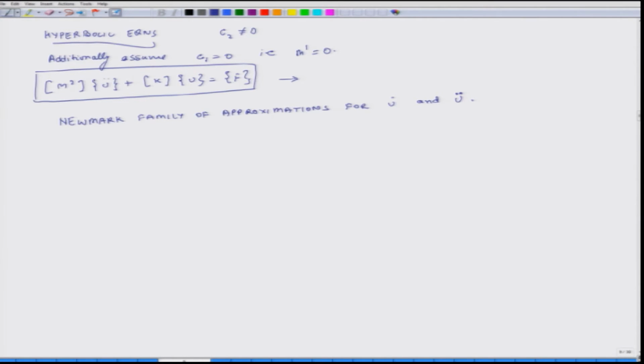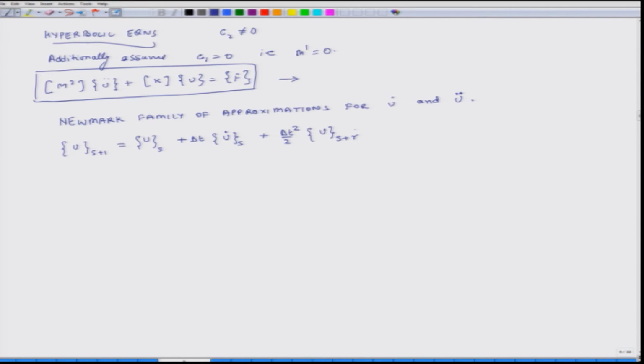So, we get it through the Newmark family of approximations for u dot and the second derivative, u double dot, and the relations are: u at time step s plus 1 equals u at time step s plus delta t times u dot at time step s plus delta t square over 2 times u double dot at time step s plus gamma.